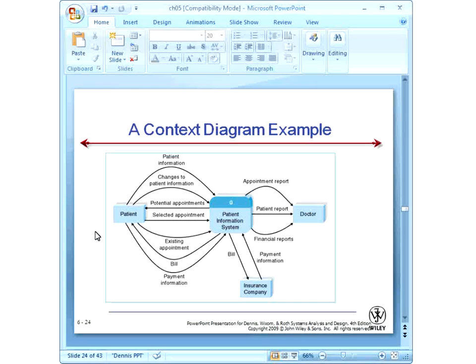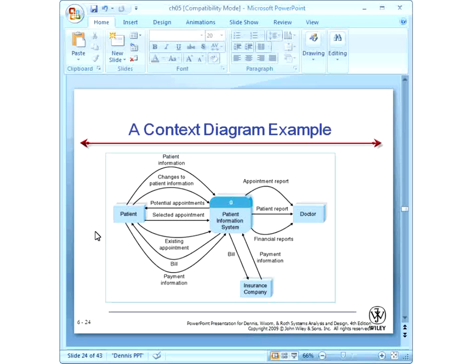But there are some other people as well who can use your system. So you identify all the people who will be using it, and you identify all the data which they will be passing to your system or getting from your system. So you are looking at your system like a black box. You are not going into the details of how things are going on inside the system.